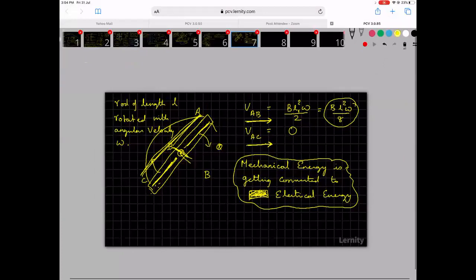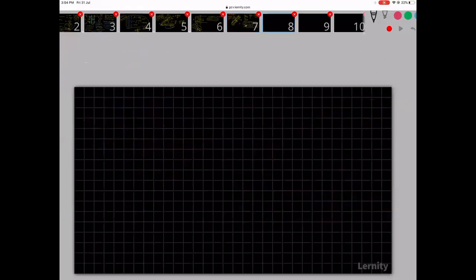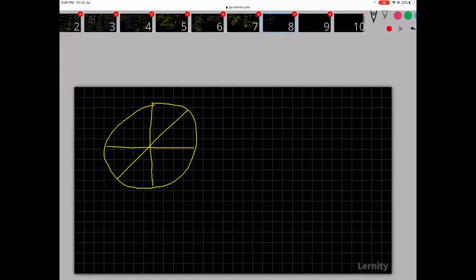Another question which came in the board: they took a series of rods like this. They put this on a circular frame. And now they rotated it with an angular velocity omega. They called this A, they called this B, and they asked what is VAB.